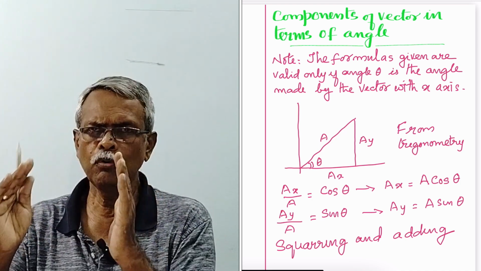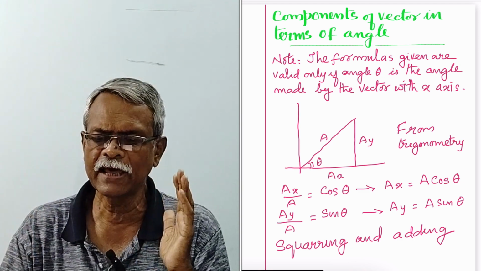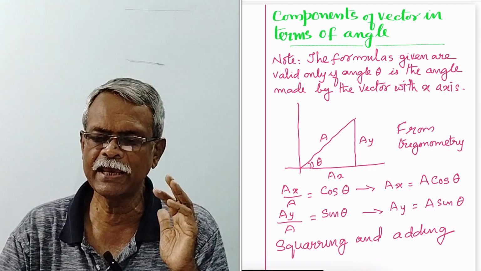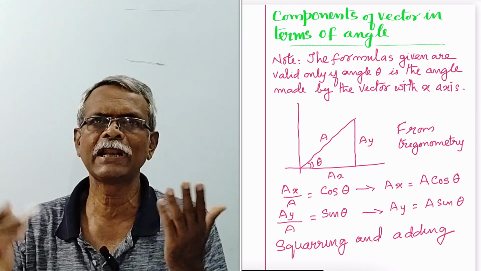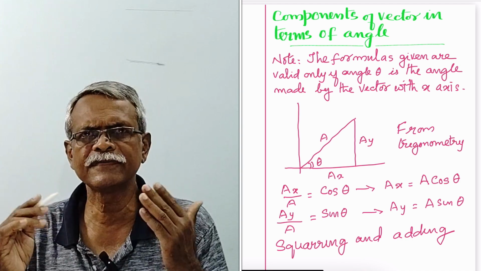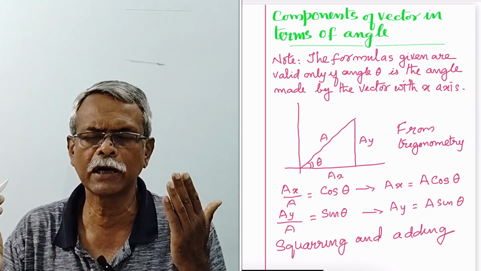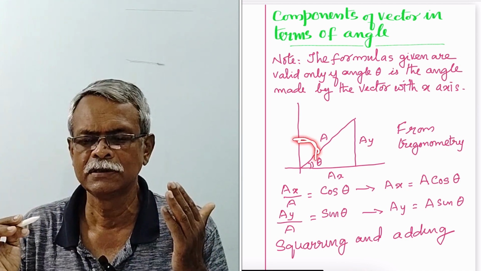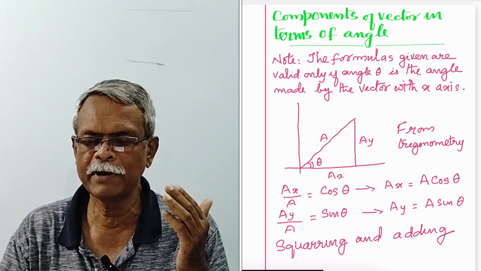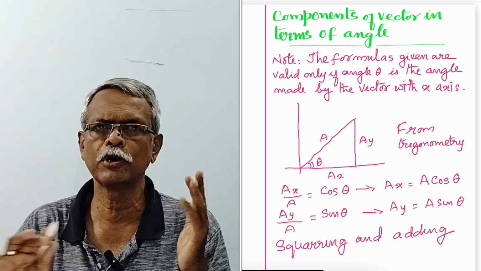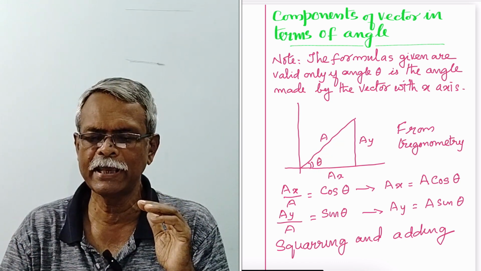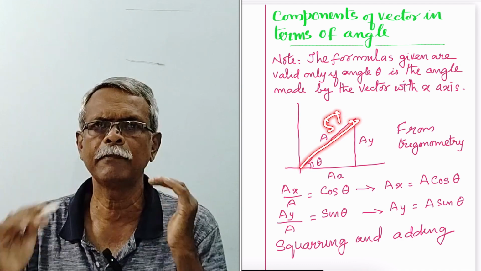Now we take the angle, say this angle is 30 degrees or 45 degrees, and this A is 5 Newton, something like that. That is given. Then we can see from elementary trigonometry that sin theta is equal to ay divided by a, that is opposite side by hypotenuse, and cos theta is ax divided by a, that is adjacent side divided by hypotenuse.